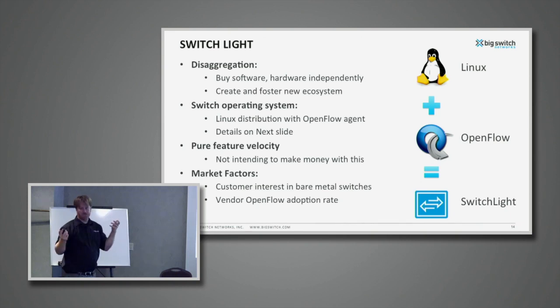Why did we do this? A big reason is not for money. Through the products that we've been building, we found that we weren't getting the feature velocity that we wanted out of third-party vendors. It's true for some of our products and less for others. When Kyle talks about BigTap, our monitoring fabric, we can use third-party switches because it doesn't stress OpenFlow too much, and that works pretty well.